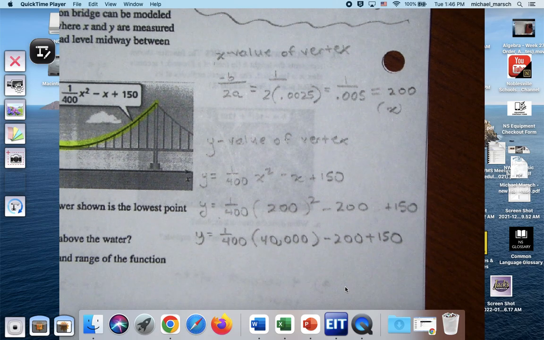Use your calculator, and actually put the numbers in.